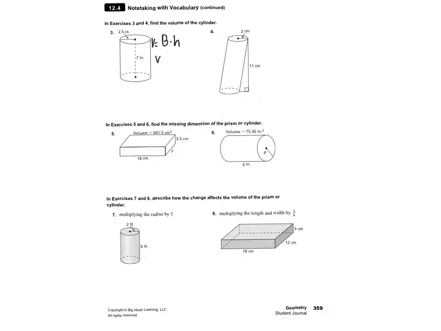The base of a cylinder is a circle, so it'll be pi r squared. So it'll be 2.5 squared pi times your height, which in this case is 7, so V equals 2.5 squared pi times 7. When you plug that into the calculator, you end up with 137.4 inches cubed.